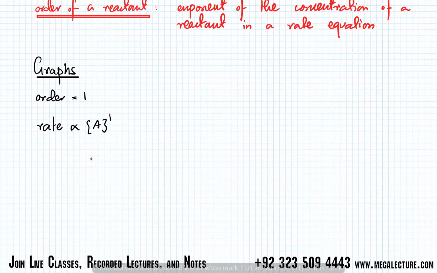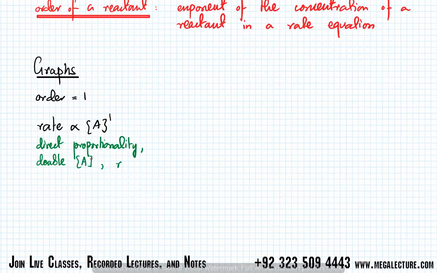So this is direct proportionality. And what this means is that if you increase the concentration of A, the rate will increase proportionally. So for example, if you double the concentration of A, remember square brackets is concentration, that means rate would also double.